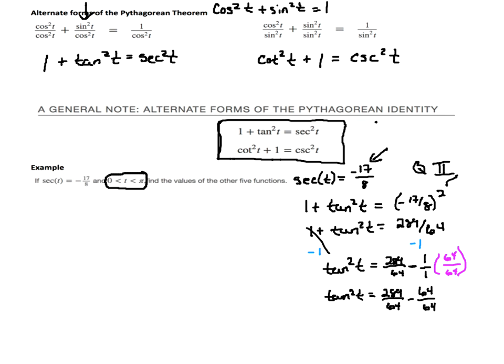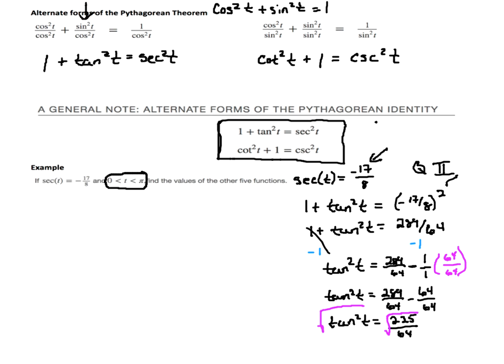Okay, 289 minus 64 is 225. So the tangent squared of t is equal to 225 over 64.